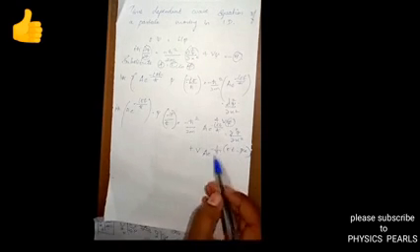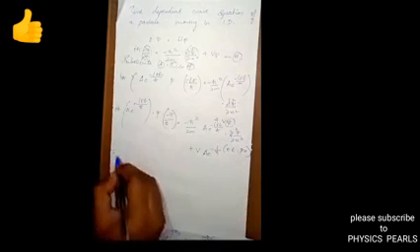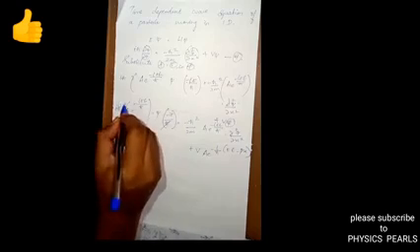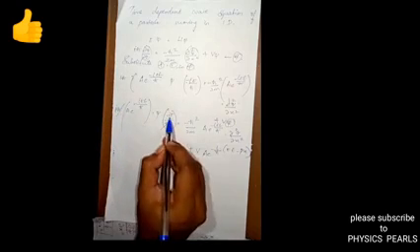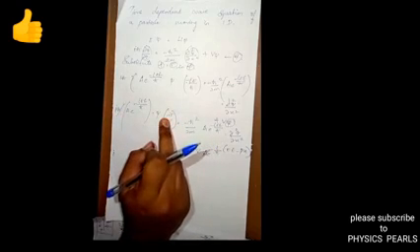So we are going to split this term and we are going to cancel h cross here, and i into i is i square, that is minus 1. Already we have a minus 1.